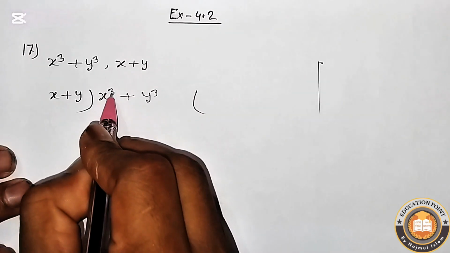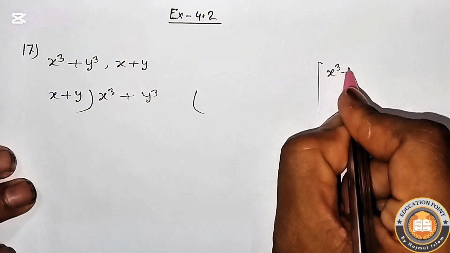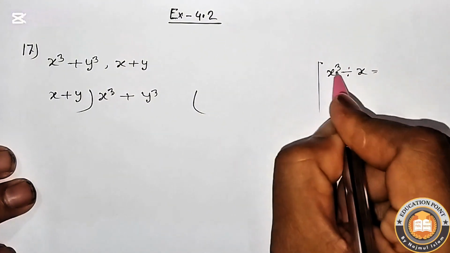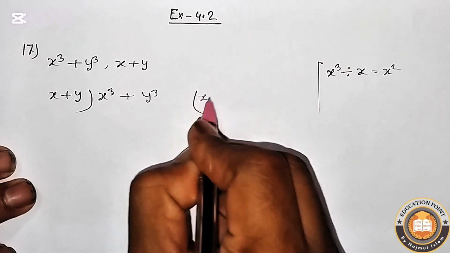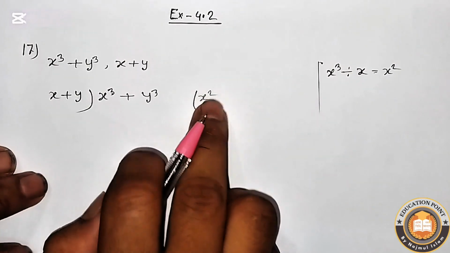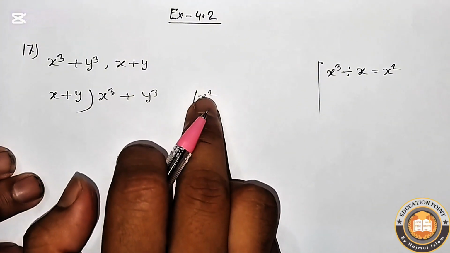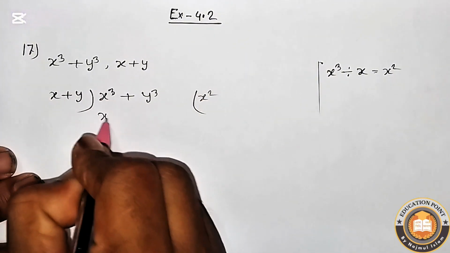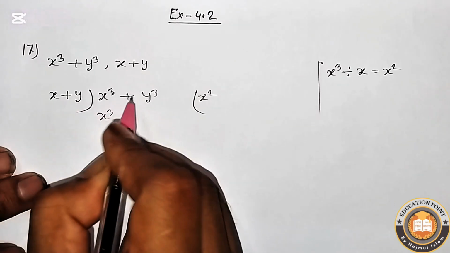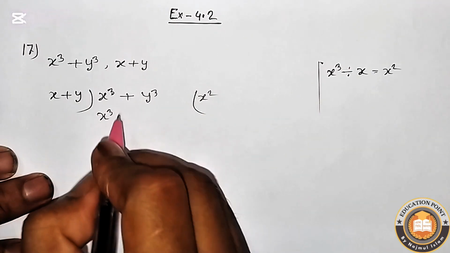At first, x cube divided by x equals x square. So x square multiplied with x plus y: x square multiplied with x equals x cube, then x square multiplied with y equals x square y.